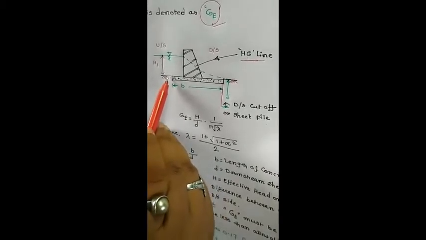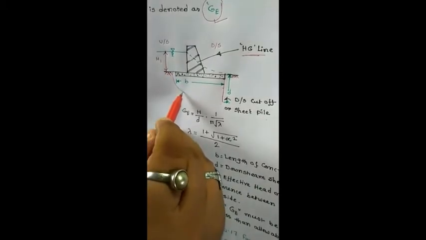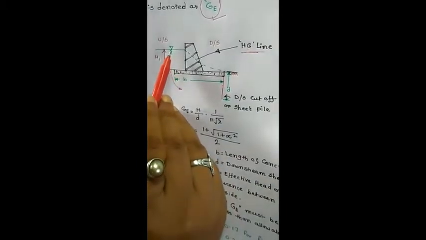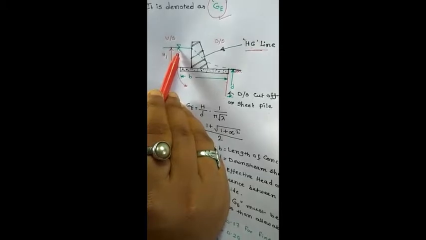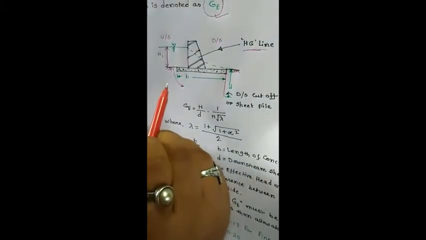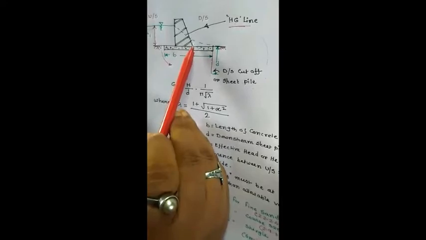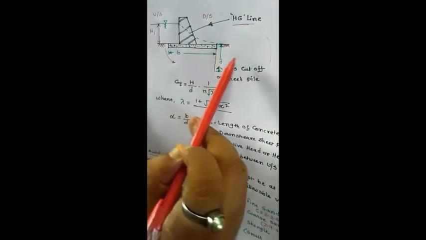As you can see, if water percolates from this spot and comes to this spot, if the water molecules move in this direction, then automatically the head will be lost as energy dissipates. So as long as the water moves, you can see the elevation of the line diminishes. That means the head also gets reduced.